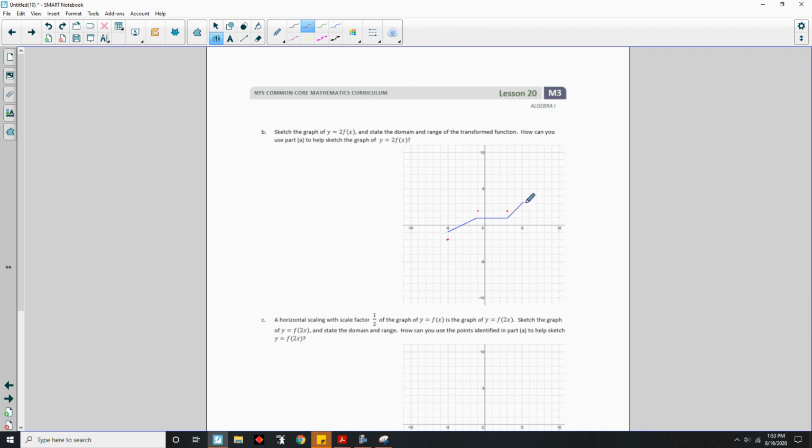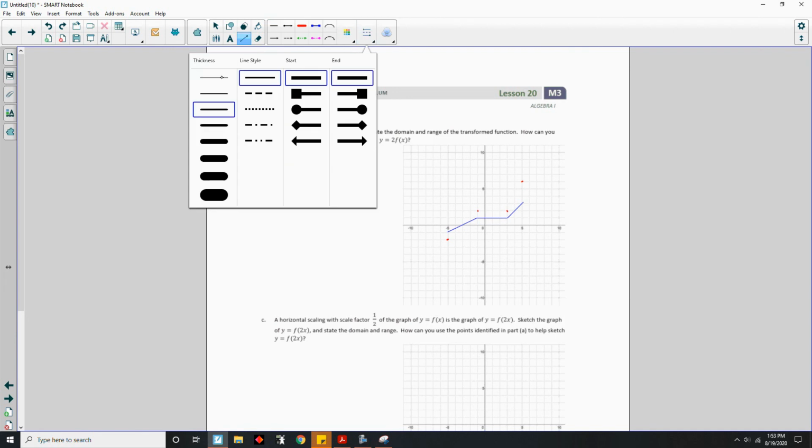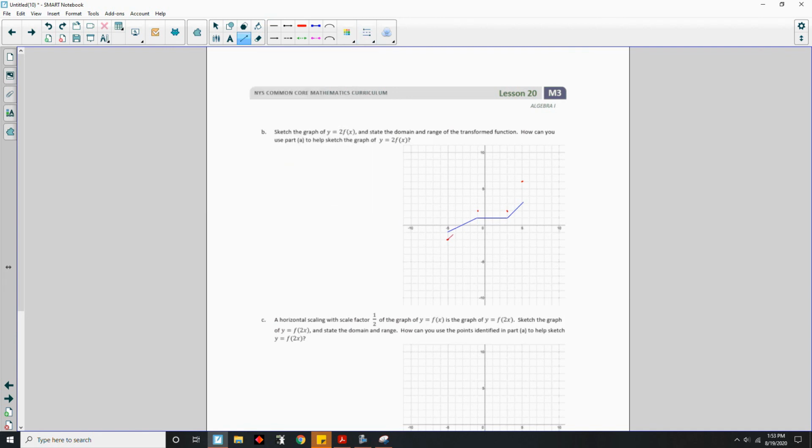And then 5, 3. 3 doubled is 6, so 4, 5, 6. So this function would go like this. We would start at this point and go to here. Start at this point, go here, and start at this point and go up there. Okay, so let me just clean this up a little.